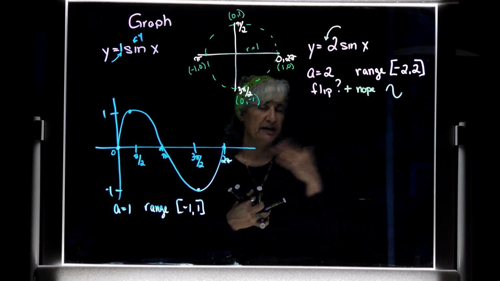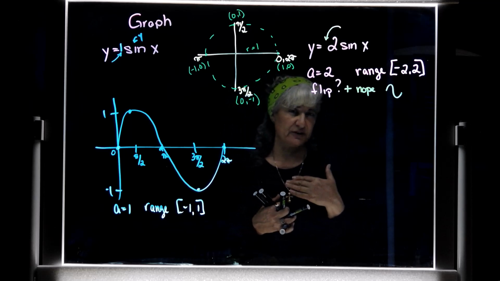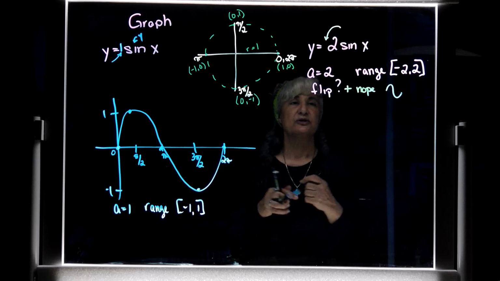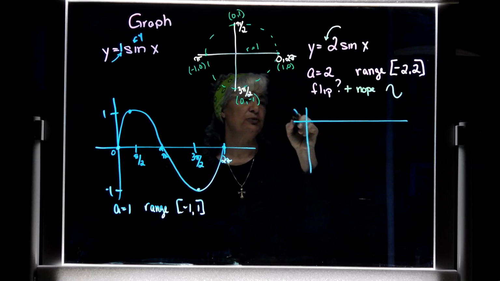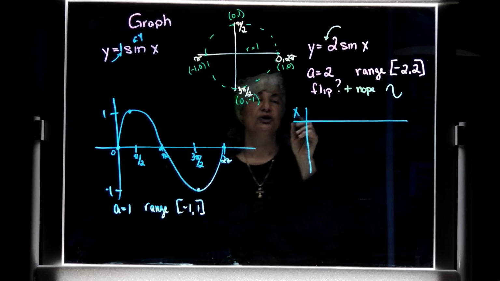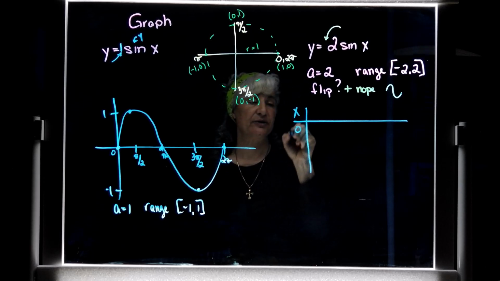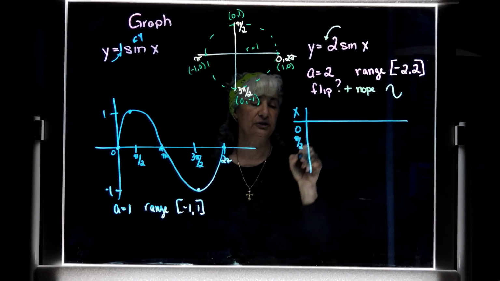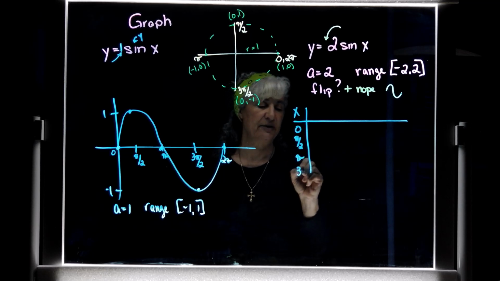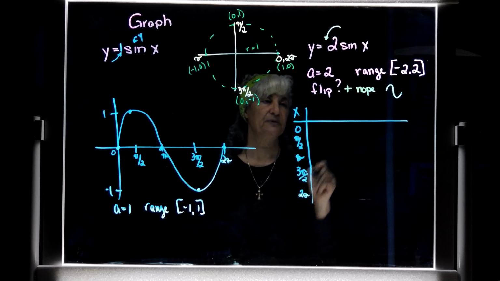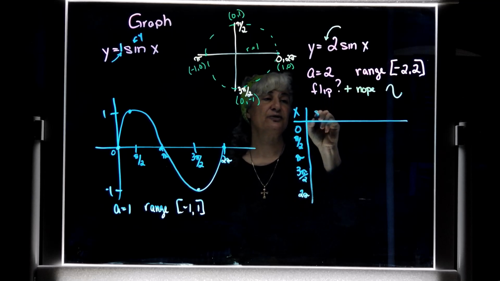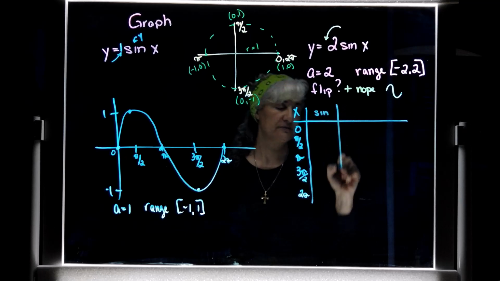Then let's graph, but I want you to get used to making that chart that I showed you with the cosine functions. So the chart, what are you plugging in for your x? You are plugging in 0 and then pi over 2 and pi and 3 pi over 2 and 2 pi. And the first thing you're doing to that x is you're taking the sine of it.